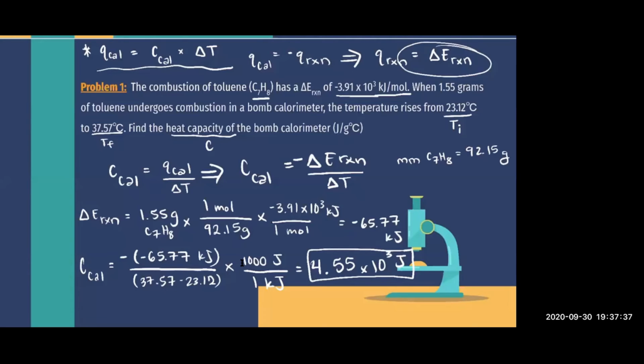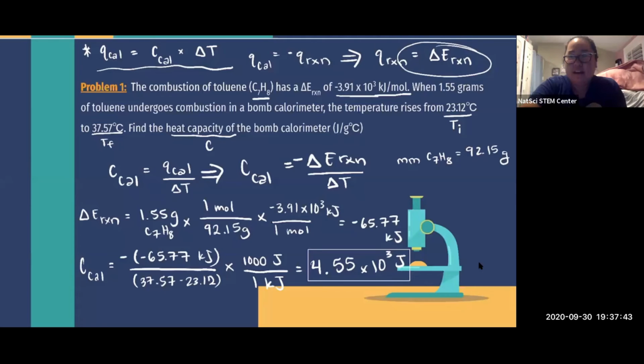So was it a typo in the question, asking for joules per gram degrees Celsius? I think I put the joules in afterwards, but originally I had just done it straight across to kilojoules. It just depends on what your professor's asking. If they ask you for joules and it was given in kilojoules, you're going to have to do conversions. If not, you can leave it as is if they just want your answer in kilojoules.